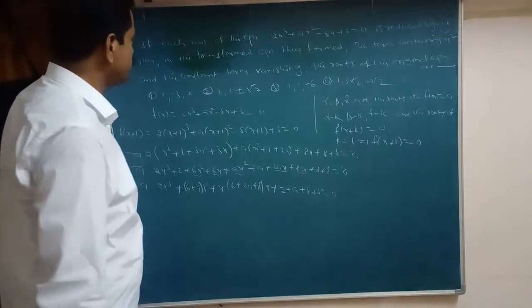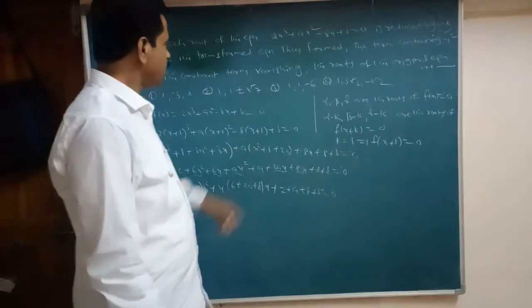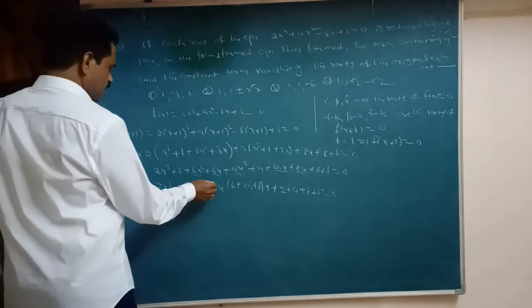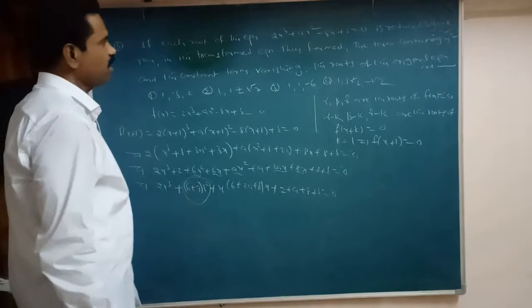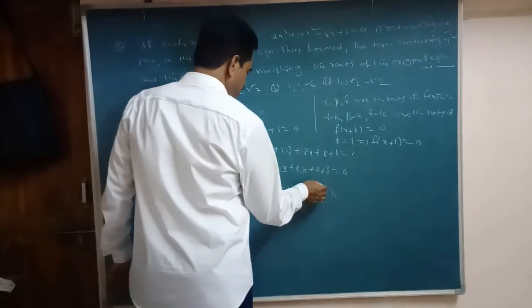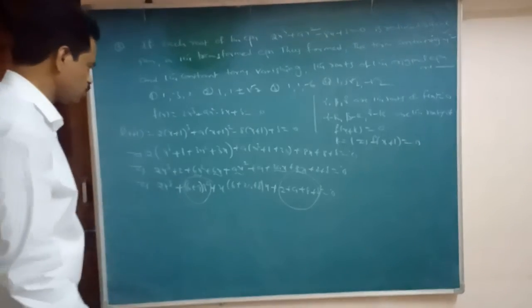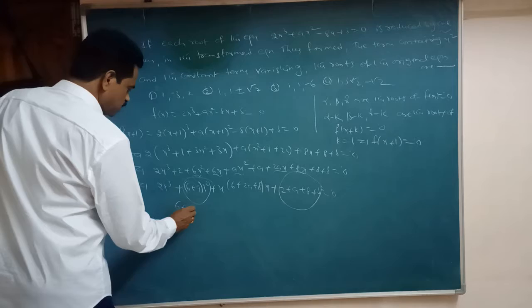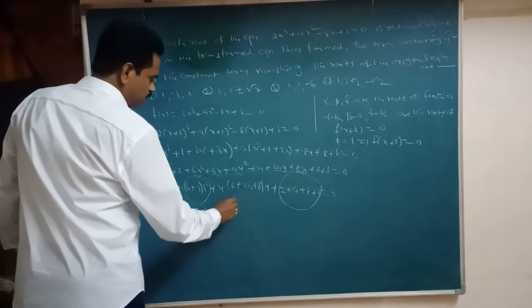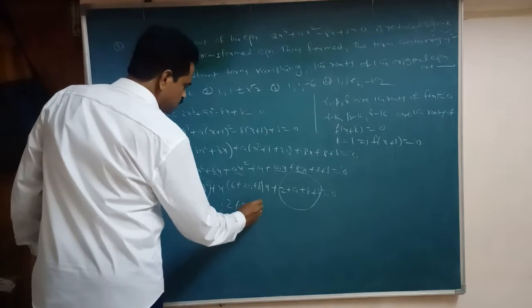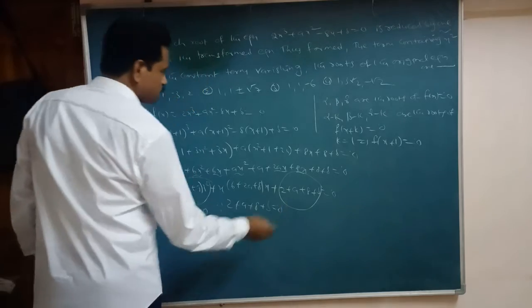So what is given here? The term containing x square and the constant vanishing means it must be 0. So that is 6 plus a equal 0, and here 2 plus a plus 8 plus b equal to 0.